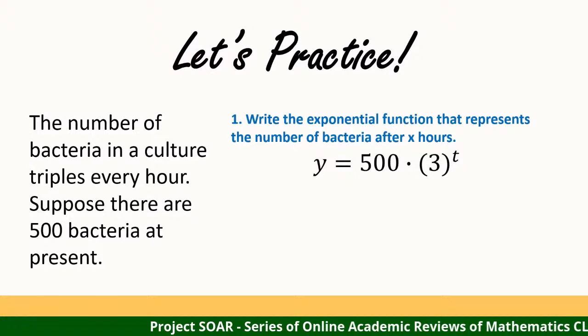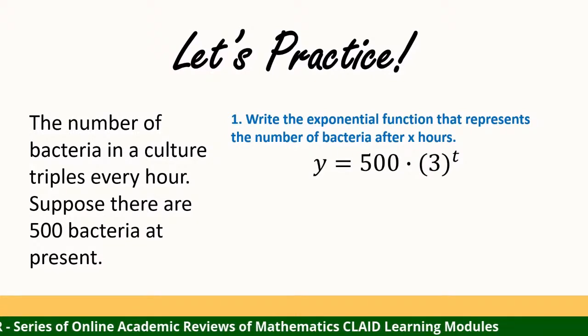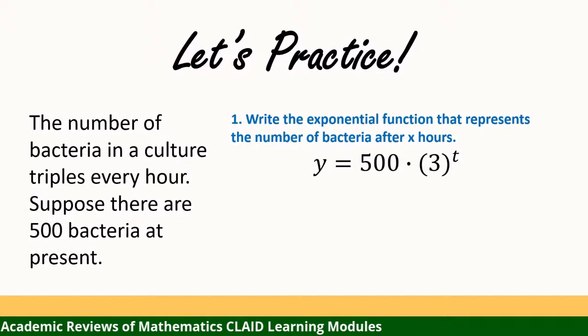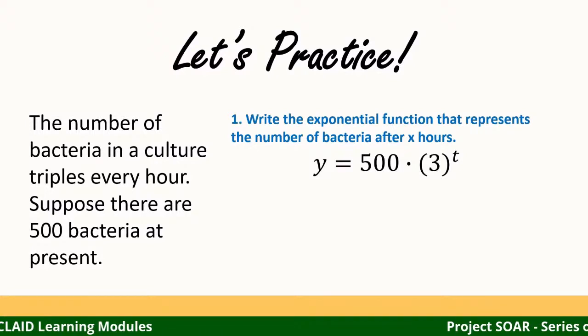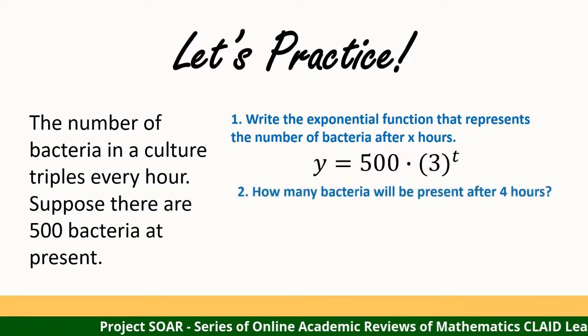Right, so we have y is equal to 500 times 3 raised to t. Parehas ba ng sagot natin ang sa inyo? Kung oo, congratulations! Let's have for the next question.